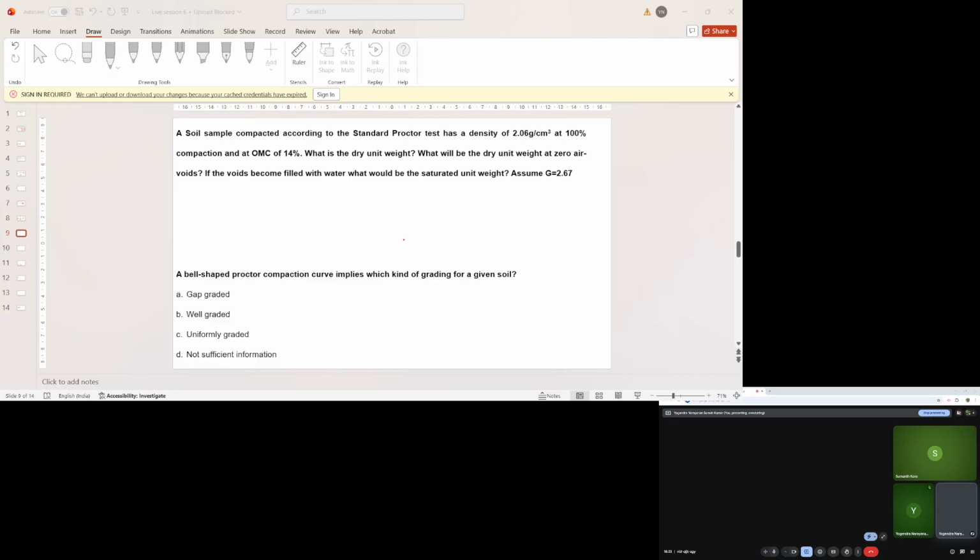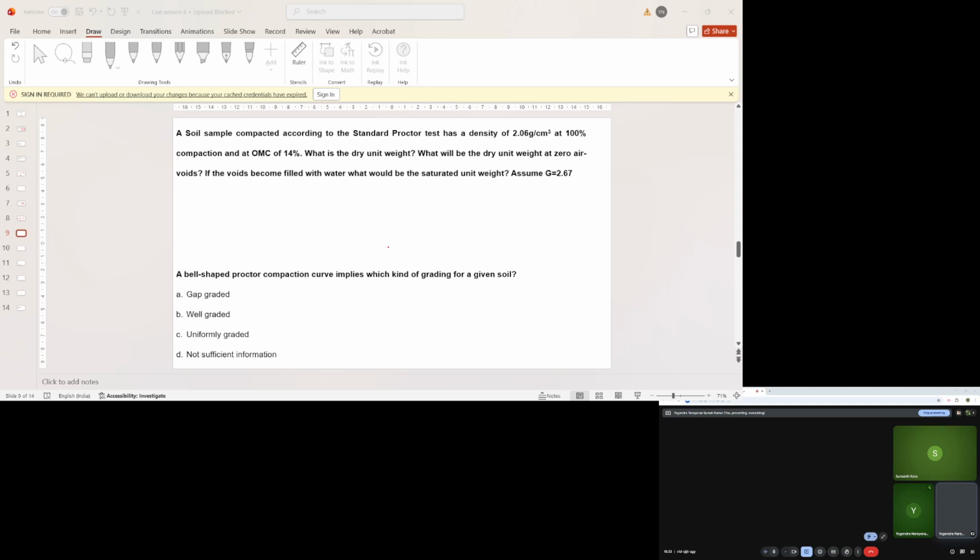We know the volume of water that needs to be added.